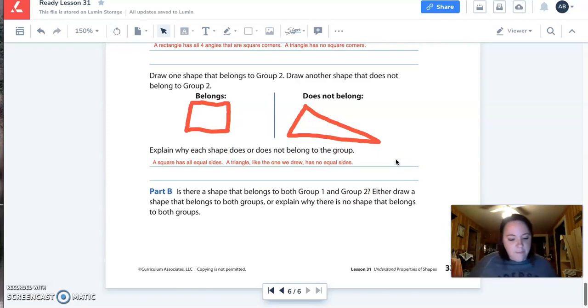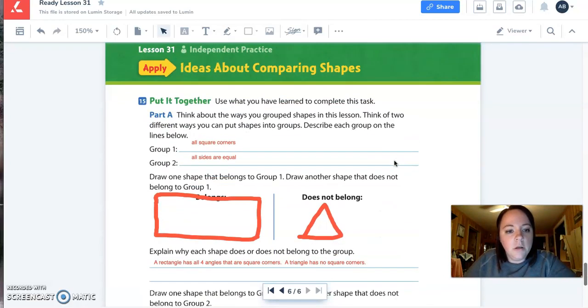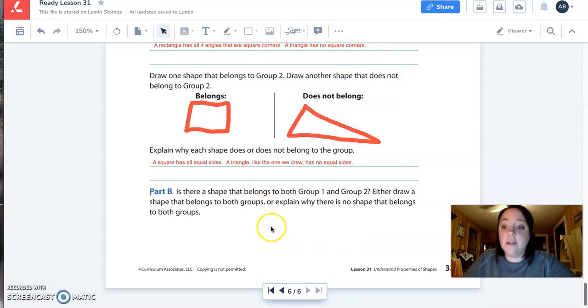Is there a shape that belongs to both group 1 and group 2? Let's look. Well, we said all square corners, all sides are equal. Yes, there is. We drew it right here. Has all square angles and all equal sides. So guess what?